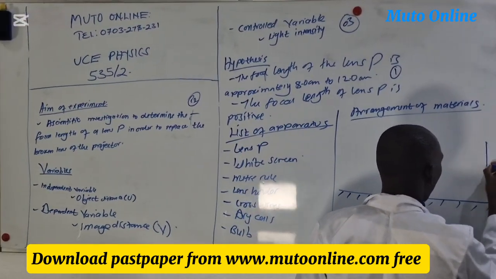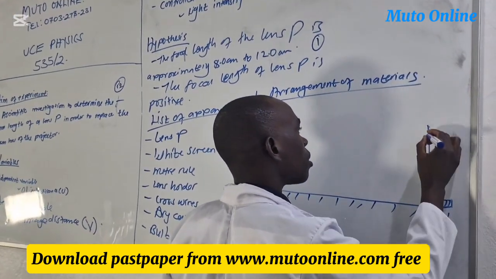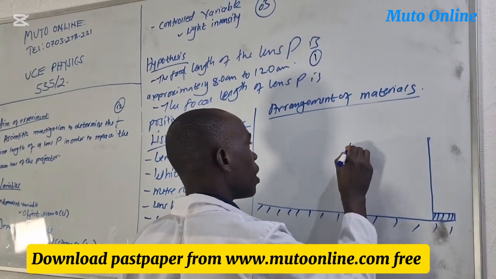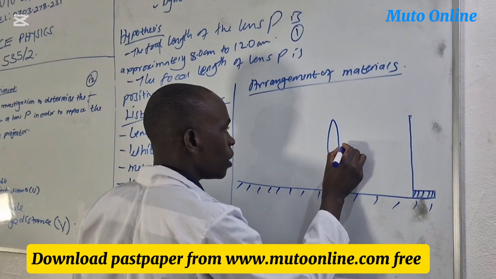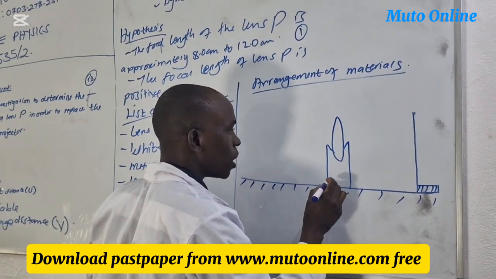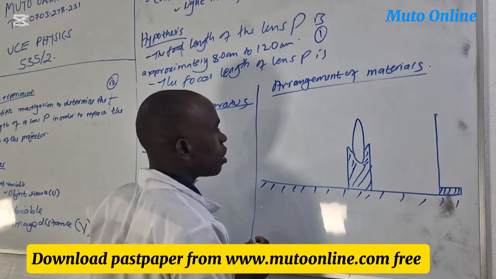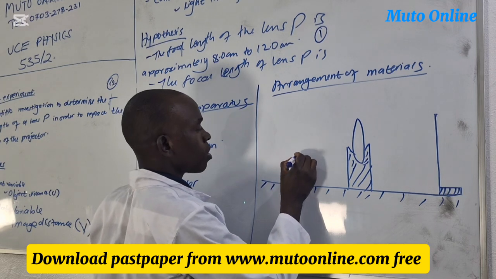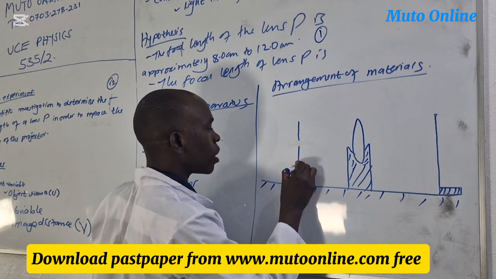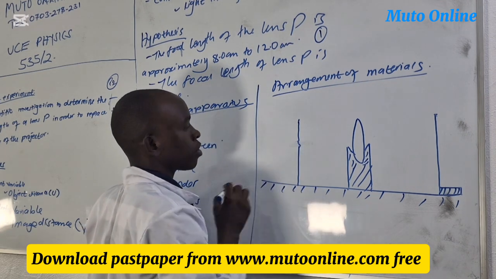We shall have a white screen placed this side. This is a white screen. Then we shall have a lens, which I've called P. We shall have a lens P in its lens holder. So this is our lens. And then we shall have a wire gauze screen, or a screen that has cross wires.